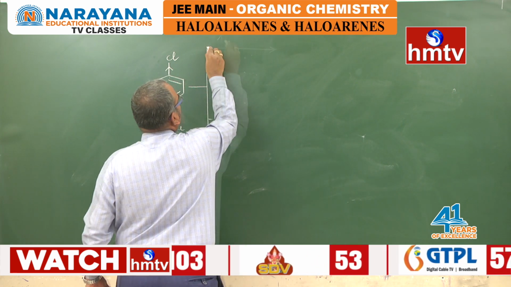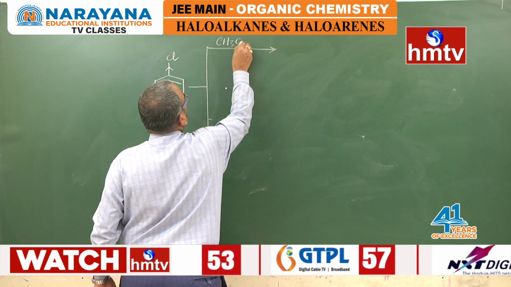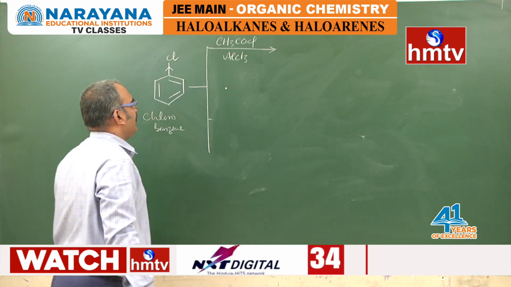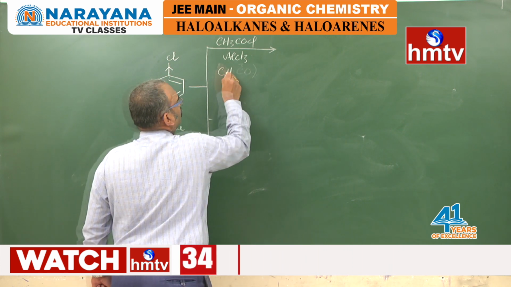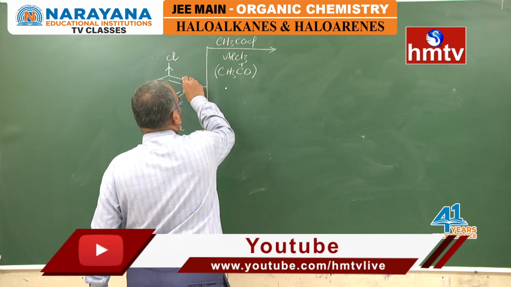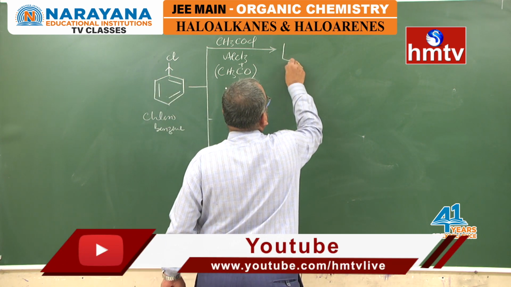In acylation, chlorobenzene is made to react with acid chloride in presence of AlCl3, which provides you acylium carbocation that will go to either ortho position or para position.